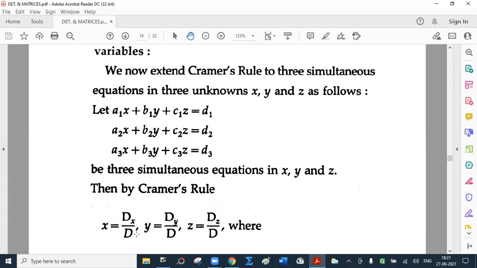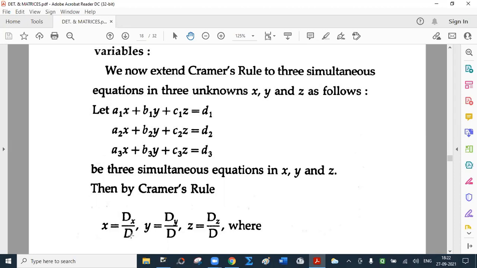X is dx upon d, y is dy upon d, z is dz upon d. Can you guess what is d? Yes, it is determinant of coefficients of x, y, z. First row a1, b1, c1. Second row a2, b2, c2. Third row a3, b3, c3. What will be dx? Determinant obtained from d only.